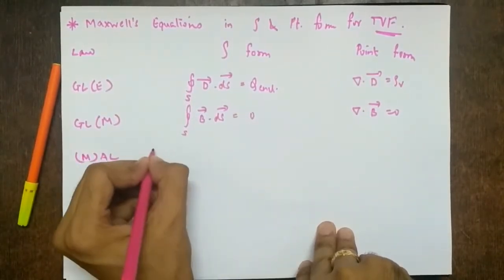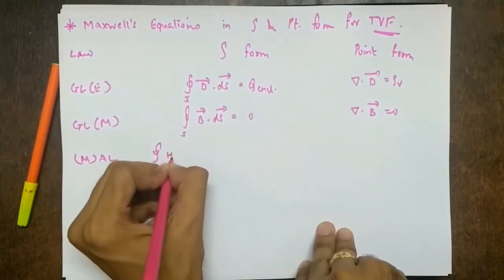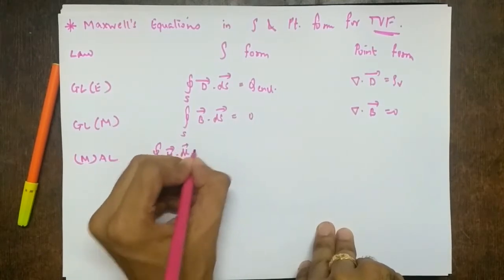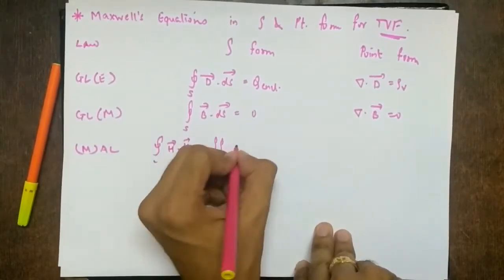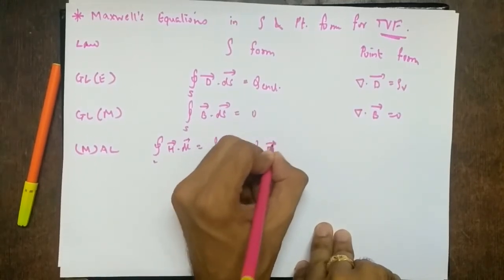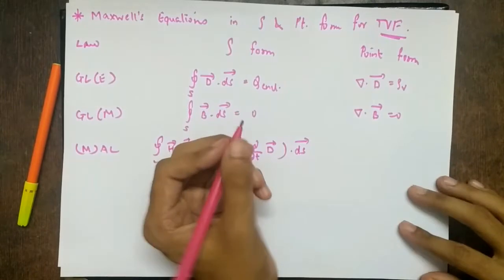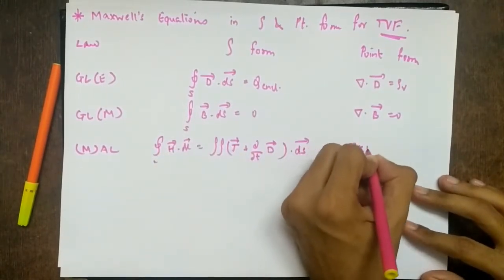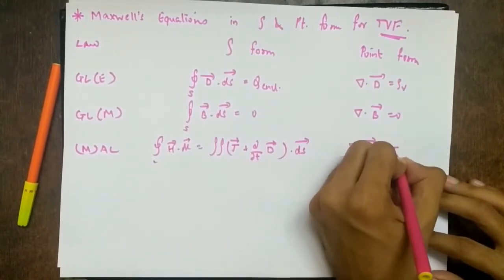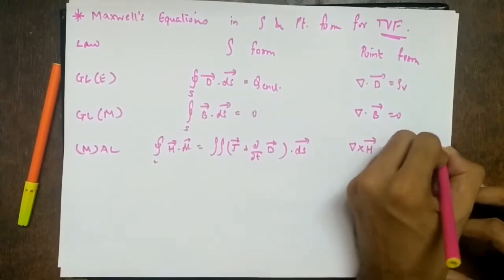So what was it? Closed contour integral of H vector dot dl vector equal to surface integral of J vector plus del by del t D vector dot dS vector. And point form is del cross H vector equal to J vector plus del by del t D vector.